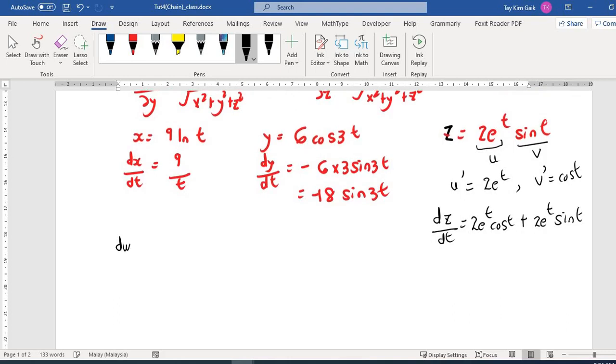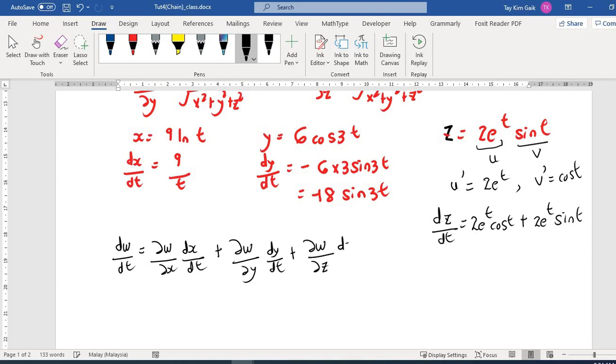So your dw/dt is your ∂w/∂x dx/dt plus ∂w/∂y dy/dt plus ∂w/∂z dz/dt.